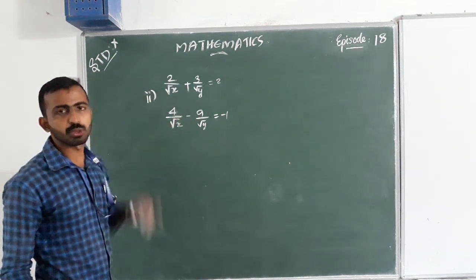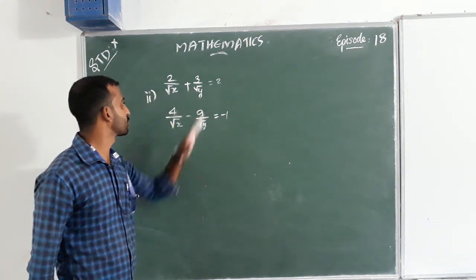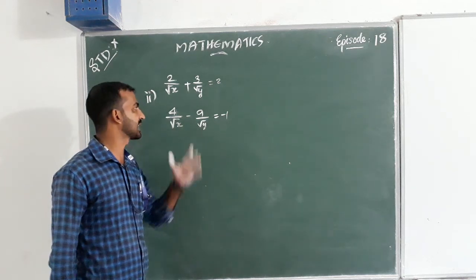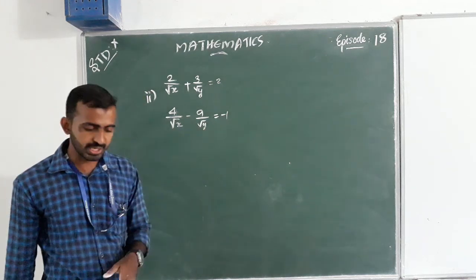That is 2 by root x plus 3 by root y equal to 2 and 4 by root x minus 9 by root y equal to negative 1.